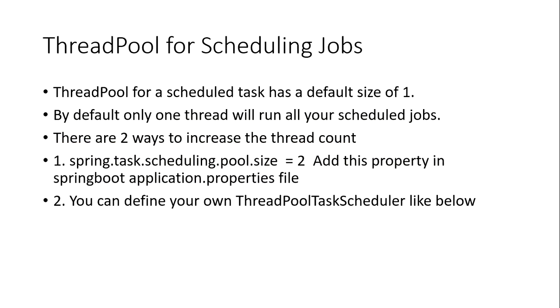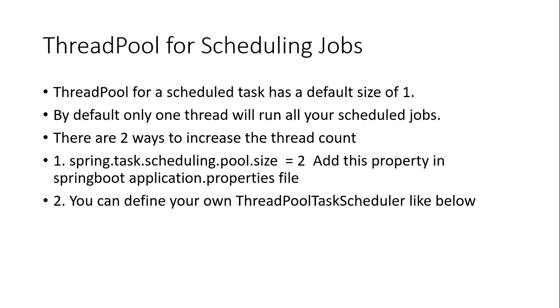Now, the thread pool for scheduling jobs. By default, internally, Spring Boot maintains a thread pool with a size of one. There will be one and only one thread responsible for executing all your scheduled jobs or scheduled tasks.